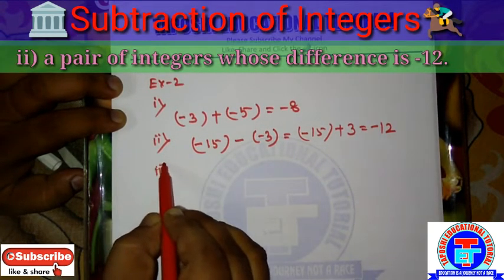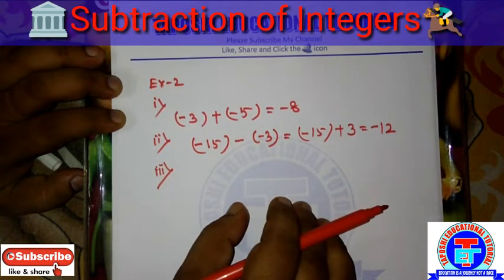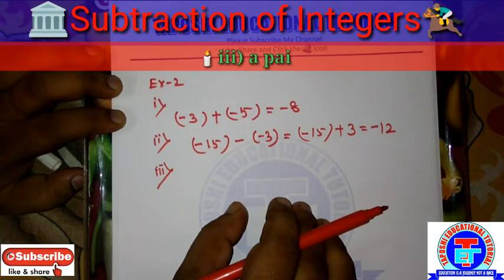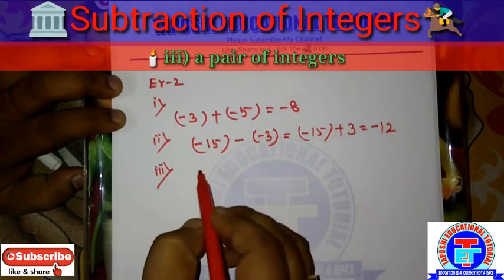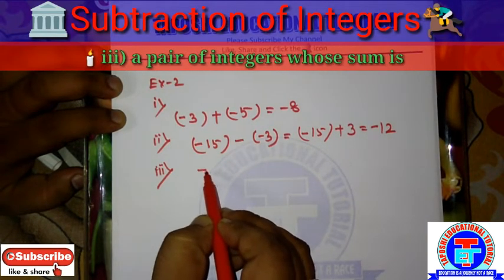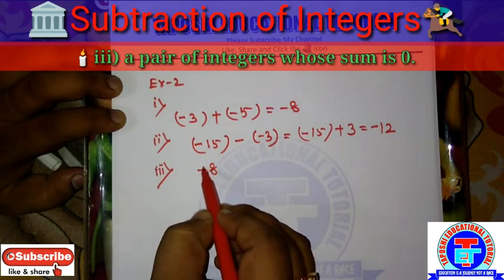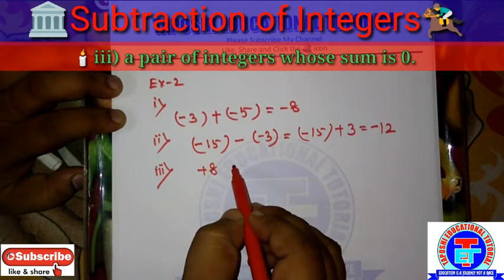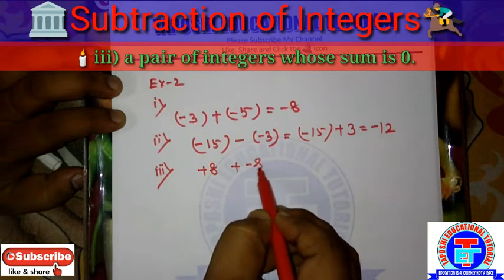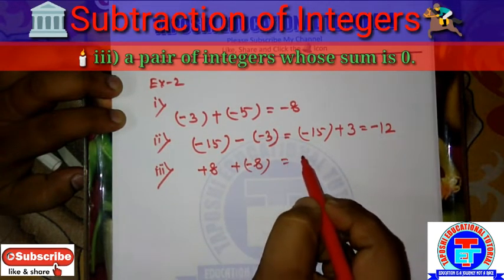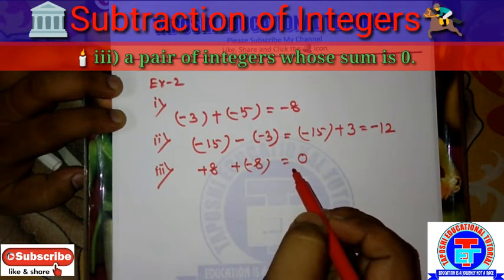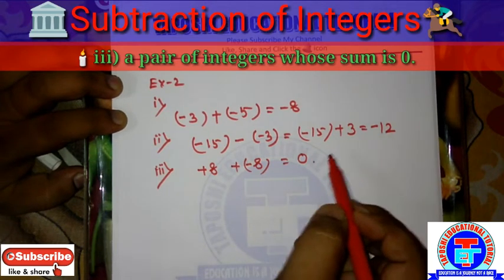Number 3, we understand a pair of integers whose sum is 0, like plus 8 and minus 8, their sum will be 0, right?